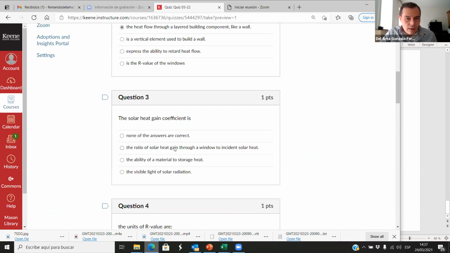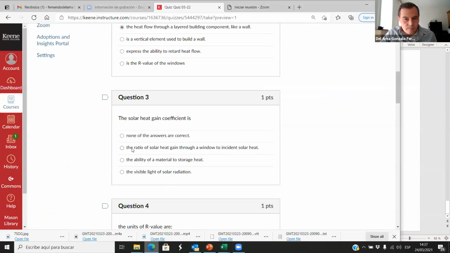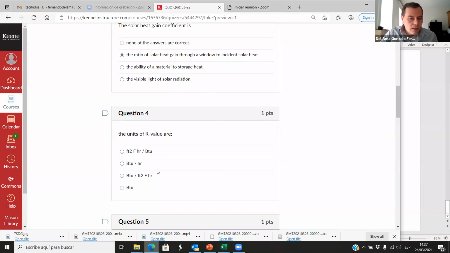It's a ratio of solar heat gain through the window to incident solar heat. Okay, so the transmitted divided by the total irradiance. What are the units of R value? Well, this is basic. You need to know the units.